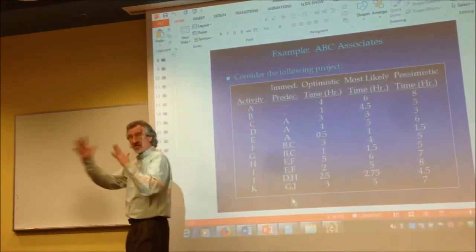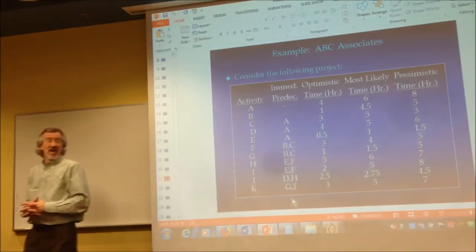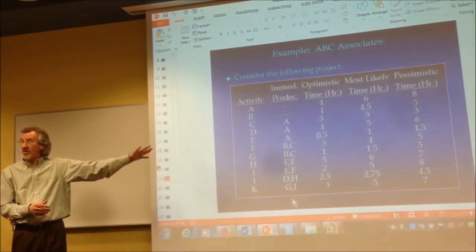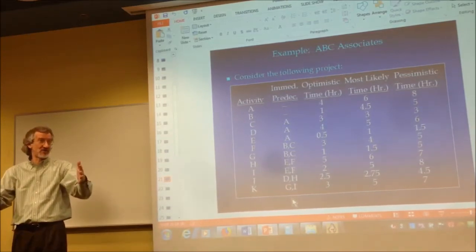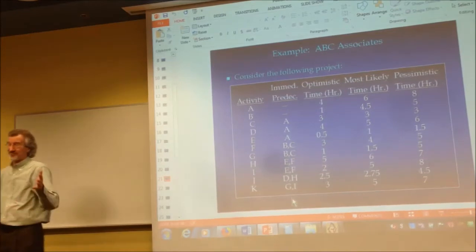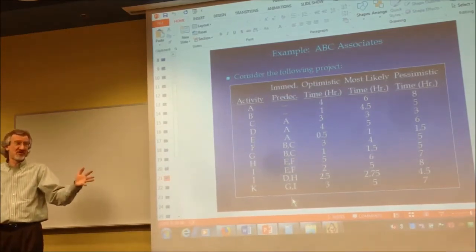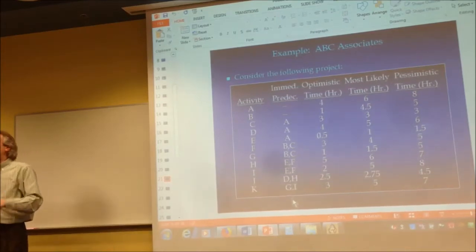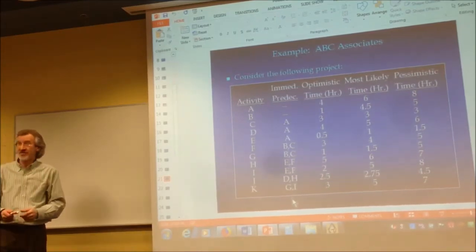There's variance there because of this estimation. By using the variance of these activities, we can convert it to a project variance. You'll see how easy it is. Really easy. Once you have the project variance, you take the square root to get the standard deviation, which allows you to calculate any probability.